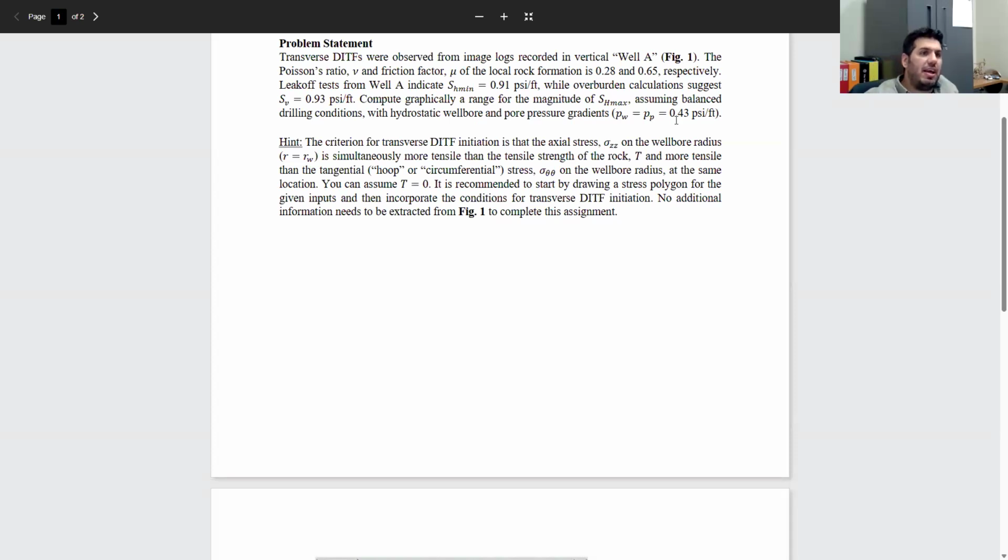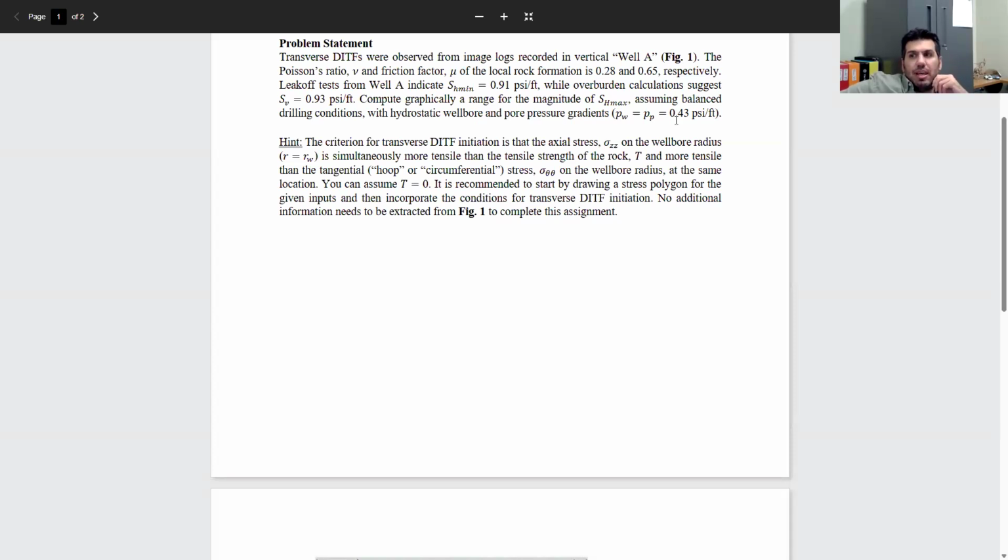Hint, the criterion for transverse drilling-induced tensile fracture initiation is that the axial stress sigma zz at the wellbore radius, R equals Rw, is simultaneously more tensile than the tensile strength of the rock, T, and more tensile than the tangential hoop or circumferential stress, sigma theta theta, also on the wellbore radius at the same location.